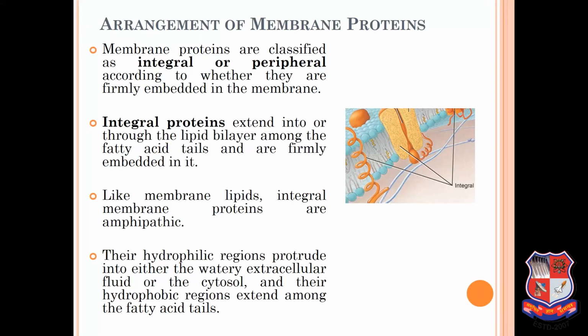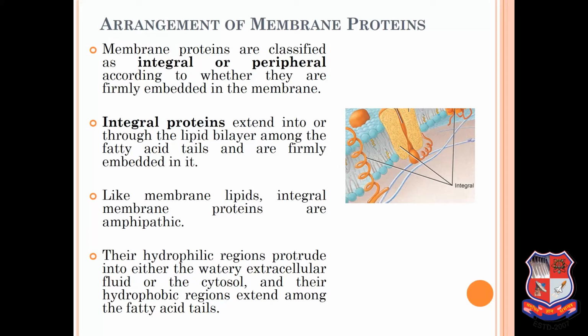Now, the second molecule of the plasma membrane structure is membrane proteins. Generally, there are two types of membrane proteins present in the plasma membrane: integral and peripheral, according to whether they are firmly embedded in the membrane.